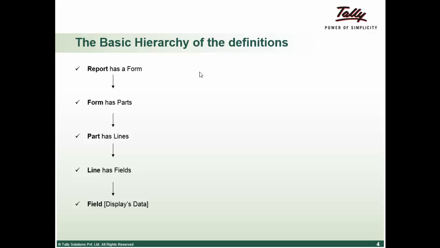Now let's have a quick recap again with a little change. A report has a form. One form in display mode can have multiple forms in edit mode, print mode or export mode. A form contains vertical parts.